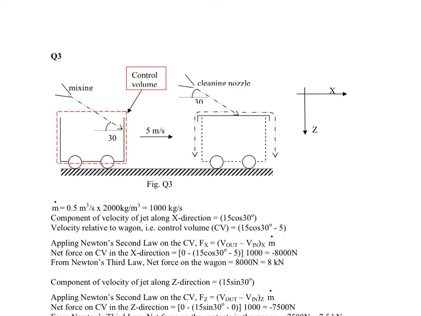The nozzle here delivers 0.5 cubic meter per second of mixture of a density of 2000 kilograms per cubic meter in a direction along the line of track, but at an angle of 30 degrees to the horizontal.